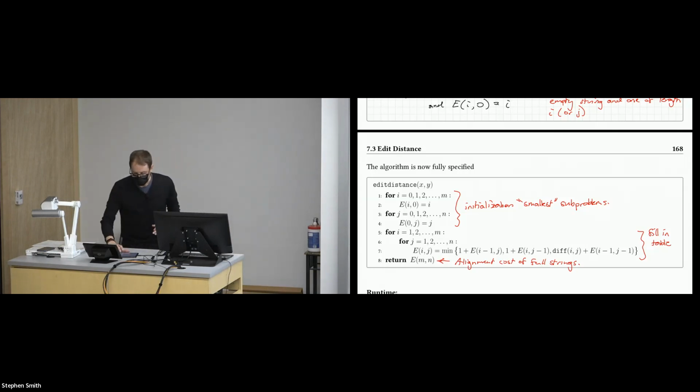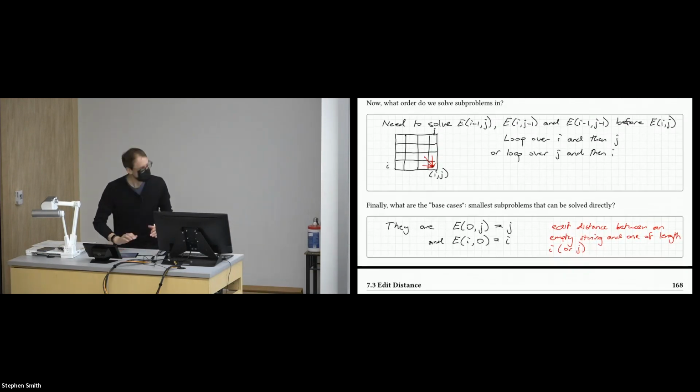Well, because if we go back up to this picture, I'm trying to fill in this table, right? So I want to have the answers on the edge of the table so that now I can fill in using those three solutions.